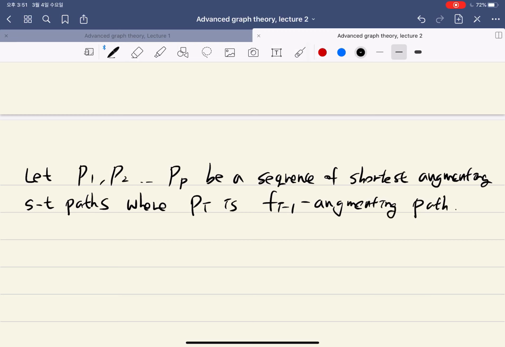And the initial flow f0 is given. That's what we assume. What we want to show is that this must end.